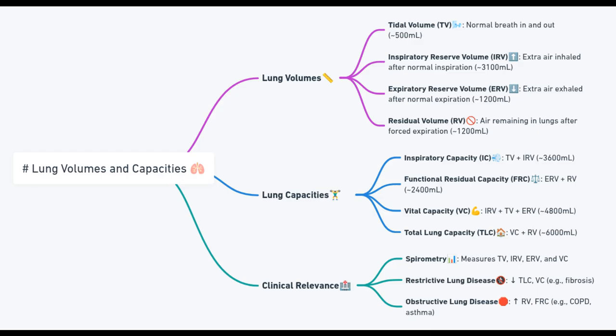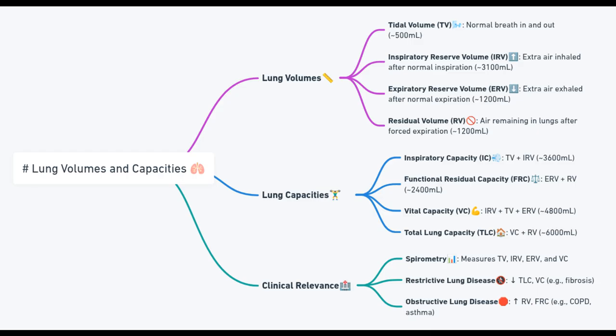So now the capacities. For the vital capacity, let's give a typical value of 4,700 mils. It is the amount of air that can be exhaled with maximum effort after maximum inspiration.